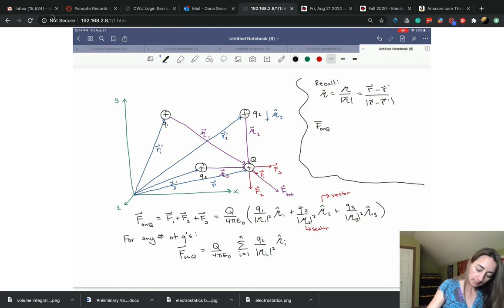Again, from your text, we got our common factors out front. And then we've got q sub I. I'm going to pull that out here. And then divided by the magnitude of r minus r sub I prime, and this is now going to be to the third.